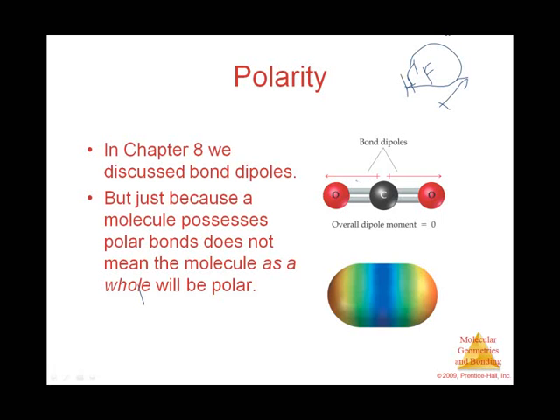So even though I can have bonds that are polar in a molecule, I can have an overall nonpolar molecule. So this is what CO2 would look like. It's nonpolar. There's no part of this that's sticking out that's more electronegative, that's going to cause it to be attracted to itself.